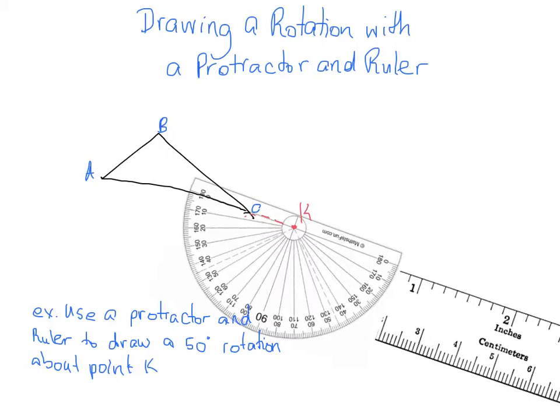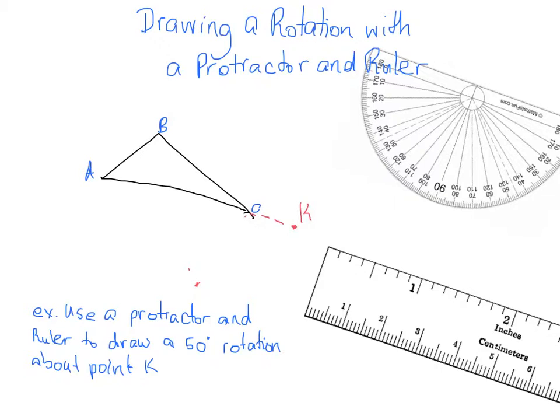And so now we can measure out 50 degrees, which ends about right here. So now we can take our protractor, move it away, and you would use a ruler to draw a straight line going at that 50-degree angle.